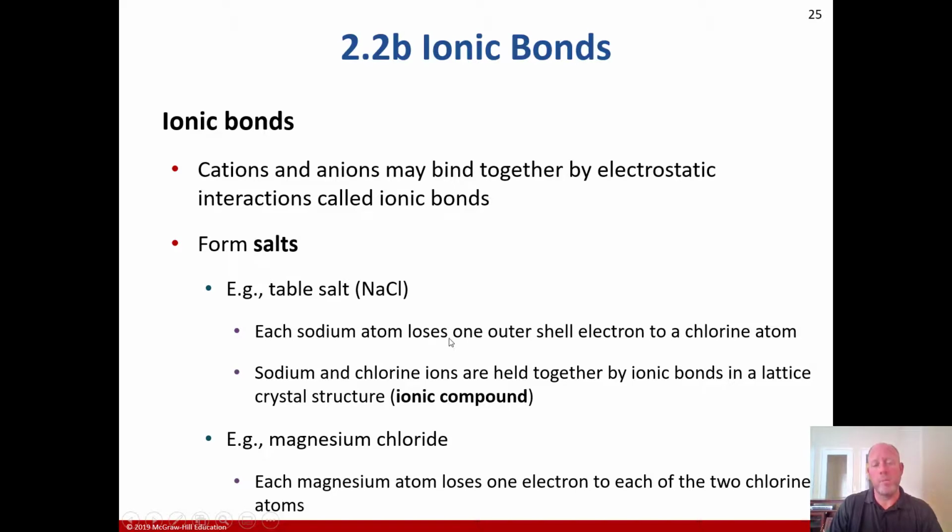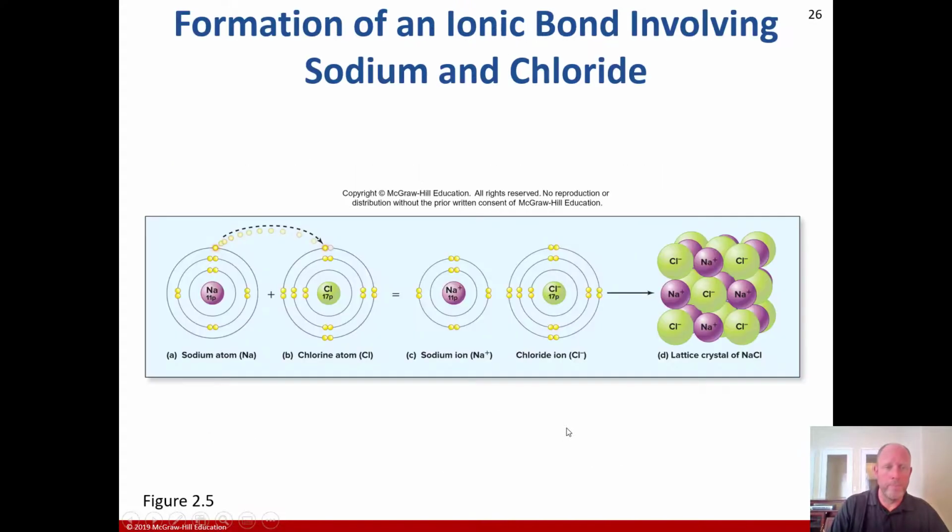Each sodium atom loses the outer shell electron to a chlorine atom, so we end up with a positive for the sodium, the negative for the chlorine, and they bond together quite well to form the ionic compound known as table salt, sodium chloride. And magnesium chloride, same thing. Magnesium loses 1 electron to each of the 2 chlorine atoms, so it's actually going to give away 2 electrons to make chlorine negative, and magnesium becomes positive.